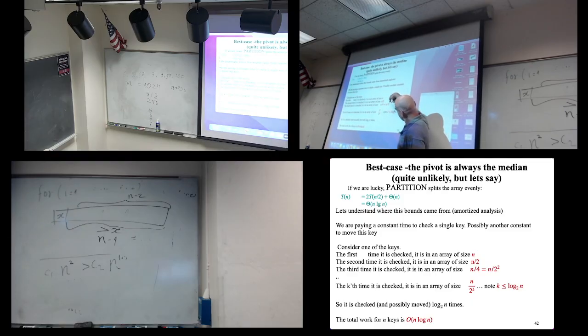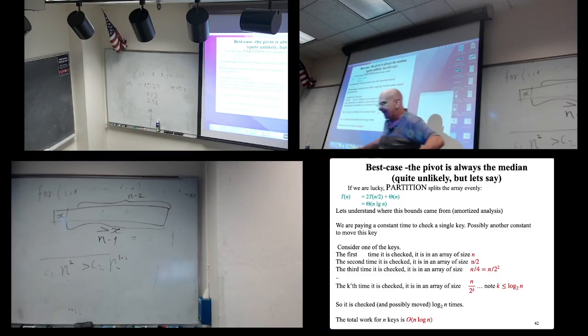If the algorithm looked at me k times, it means that I ended up in an array of size n, n/2, n/4, dot, dot, dot. If it did k times, then I'm in an array of size n divided by 2 to the k.